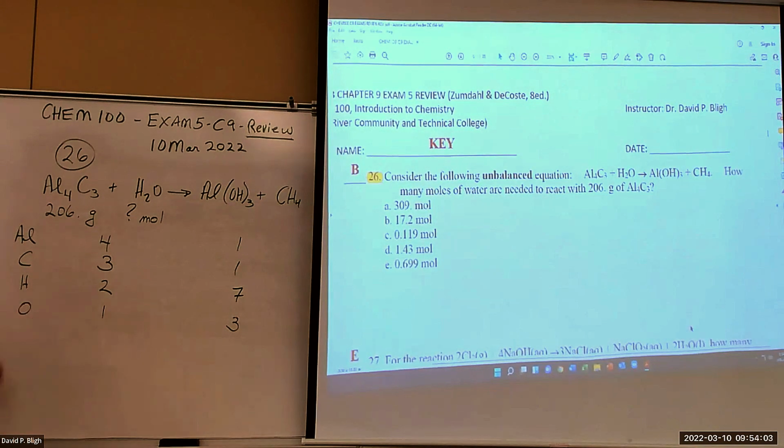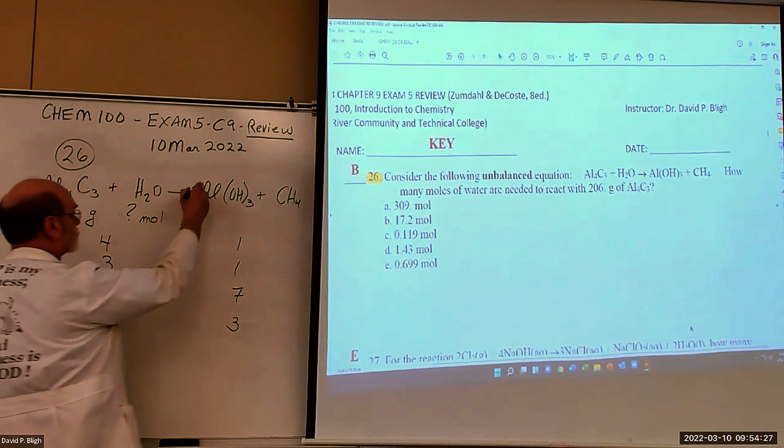All right, we don't have any free elements here, so we can't hold any in reserve. We've got hydrogen in 2 different places, so we probably don't want to mess with that one just yet. In this case, I would just start from the top.